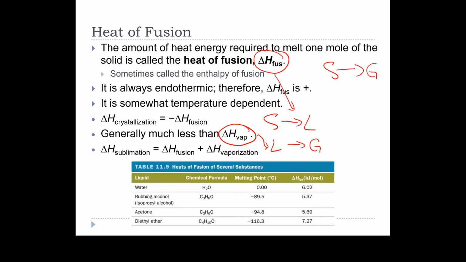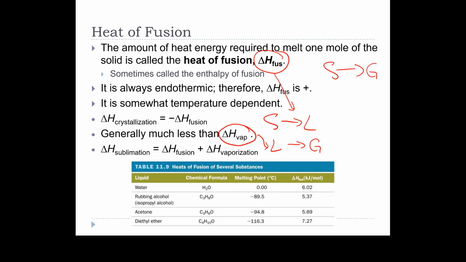But a state function means that it doesn't matter the path that you take to get from point A to point B. So if we want to know how much energy it takes to go from the solid to the gas, well, we could go from the solid to the liquid, and then from the liquid to the gas. And the amount of energy it takes to go solid, then liquid, then gas would be the same as going directly from the solid to the gas, okay?